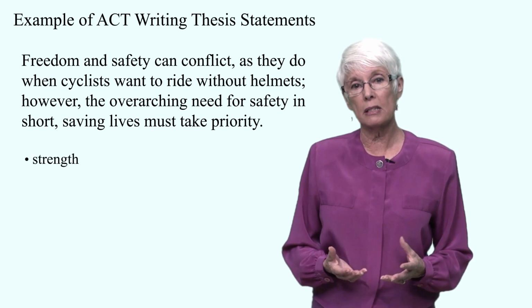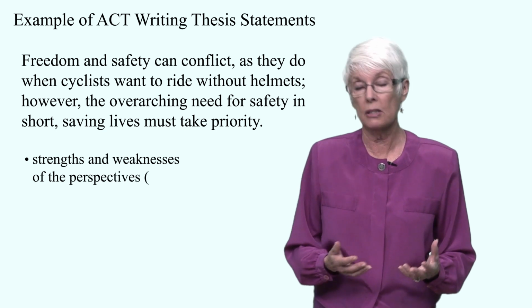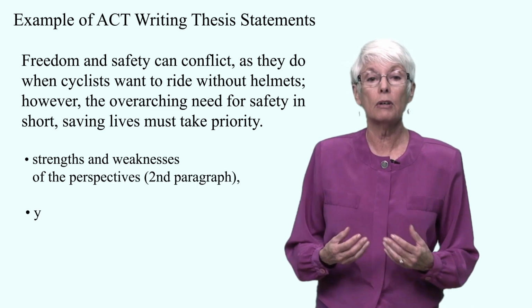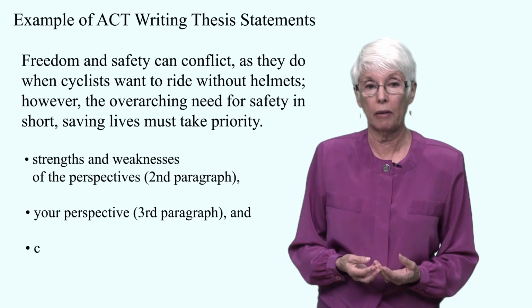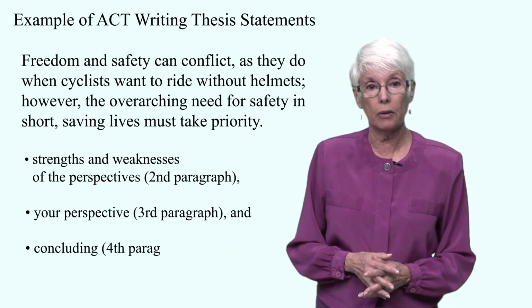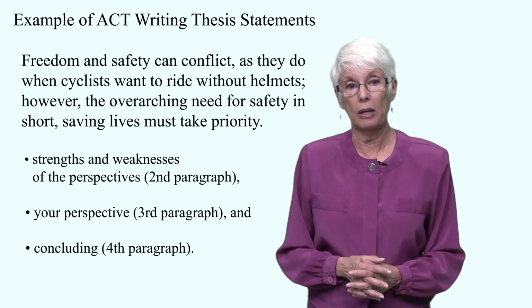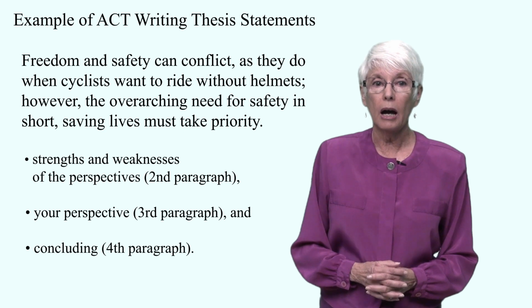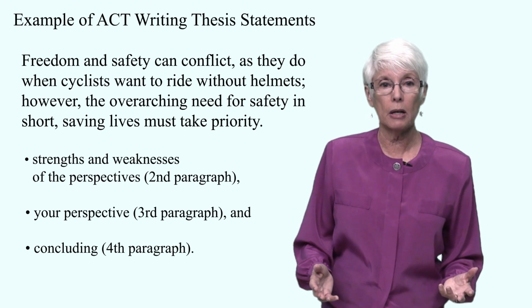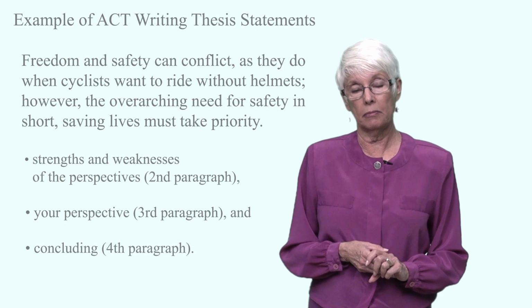This thesis statement sets up the essay for discussing the strengths and weaknesses of the different perspectives in the 2nd paragraph, giving your perspective with some detailed examples in the 3rd paragraph, and concluding in the 4th. As before, you can organize your essay in other ways as well. The thesis must include an overview of how you're going to organize your response, incorporating the key elements from the passage and the essay prompt.